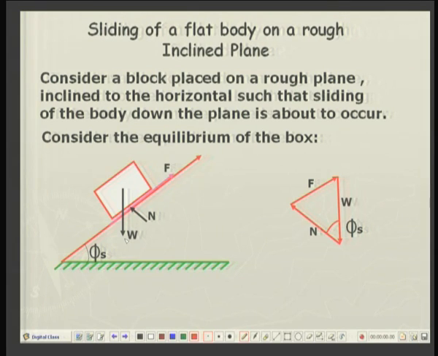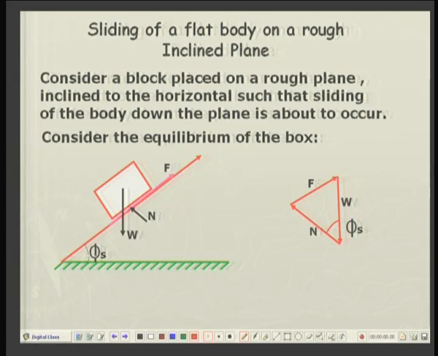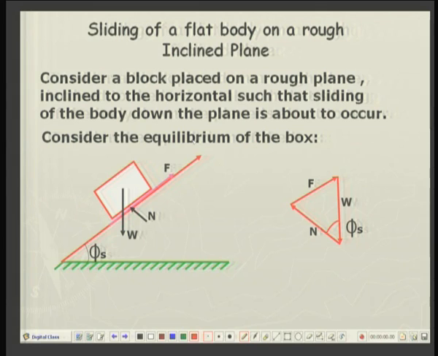Suppose you have a plane, a level surface which can be made more and more inclined, that is, you start from the horizontal, as we have here a horizontal surface, and you imagine there is a smooth plyboard plank and there is a hinge. So, when the plank is gradually lifted, the angle of inclination of this plank becomes more and more. So, phi is the angle of inclination to the horizontal.